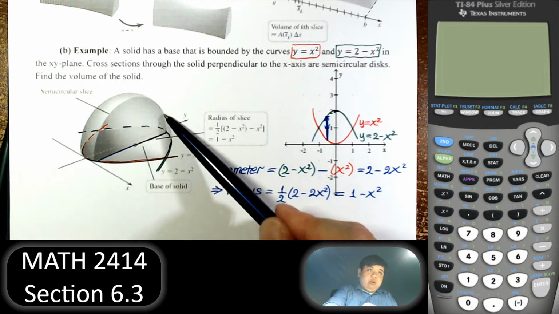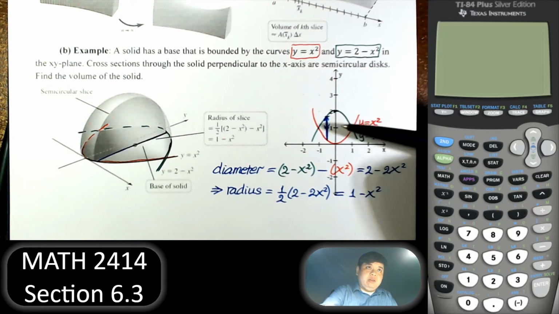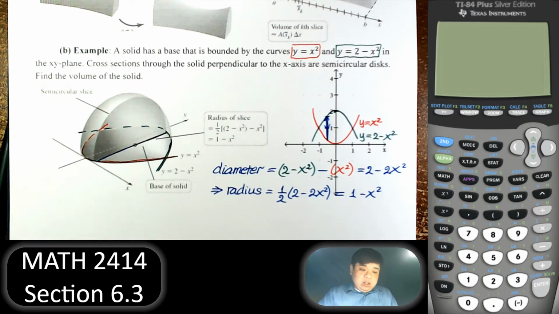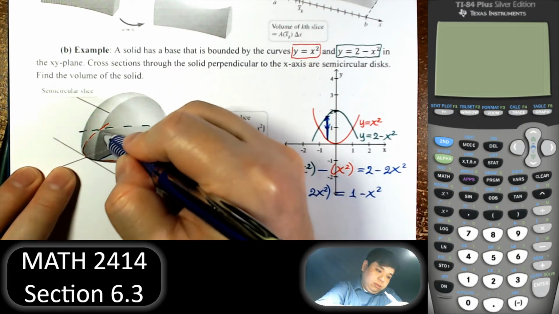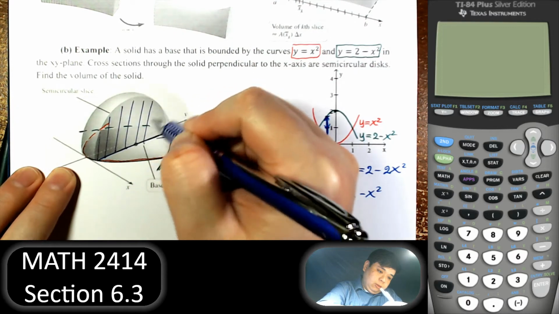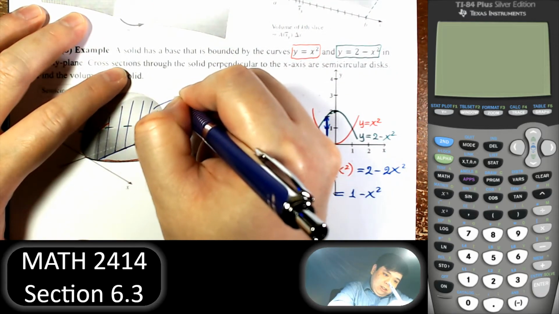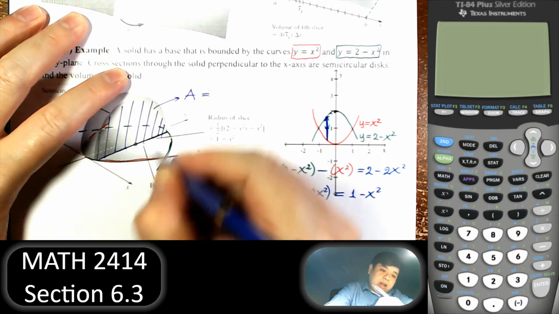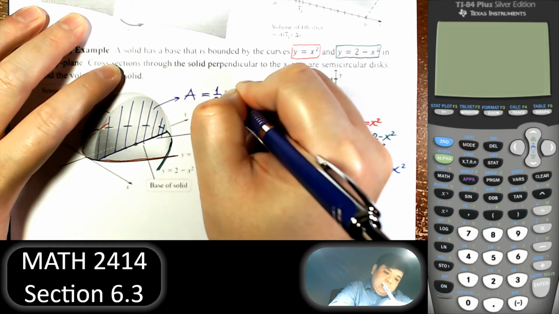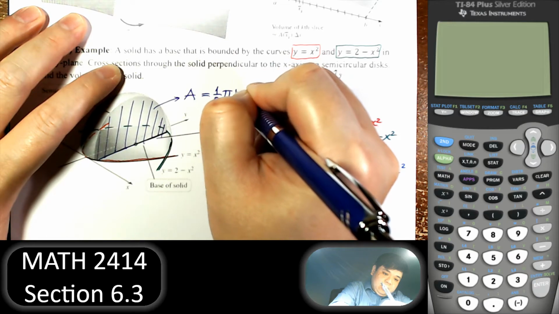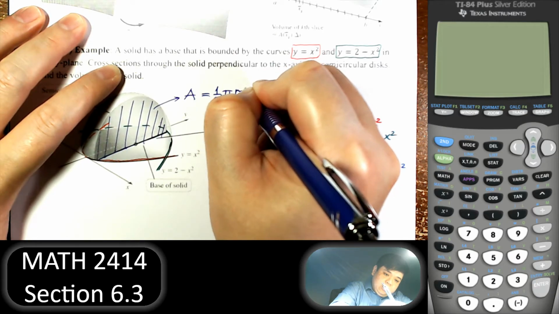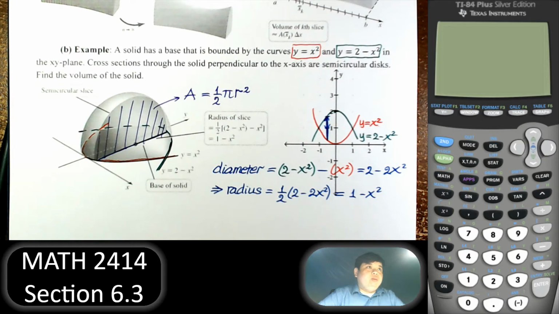Now we're going to form a semicircular disc above it. If we want the area of one disc, since it is semicircular, it's going to be half of the whole area of a disk.